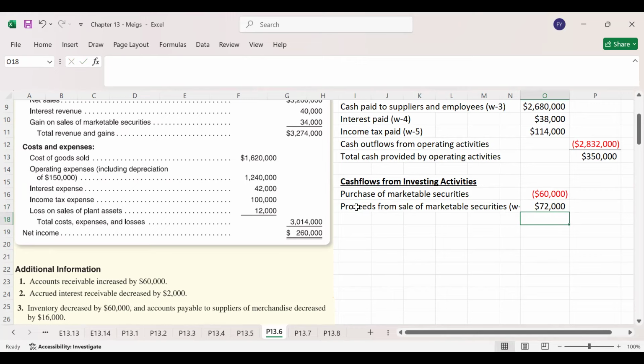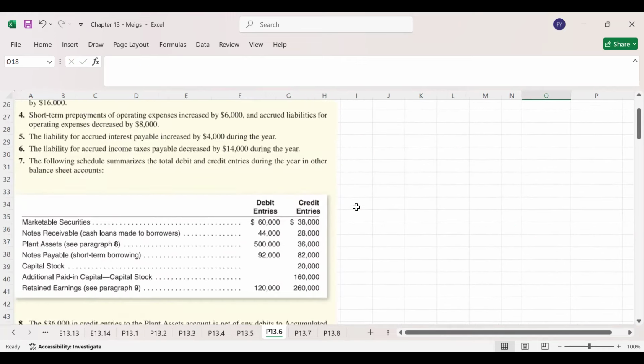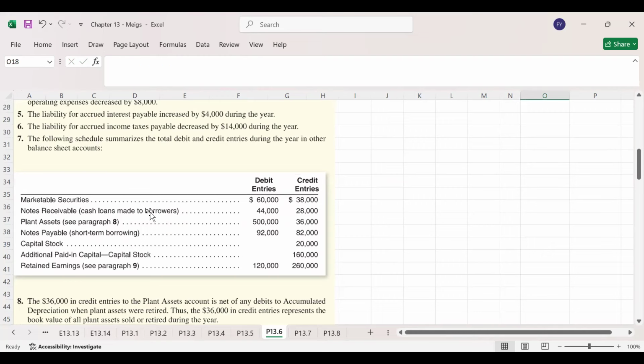Further, you can see in assets we have loans made to the borrowers. Here we have debit entries and credit entries. Whenever we make loans to the borrowers, we have a debit entry, and whenever we collect these loans, we have a credit entry.